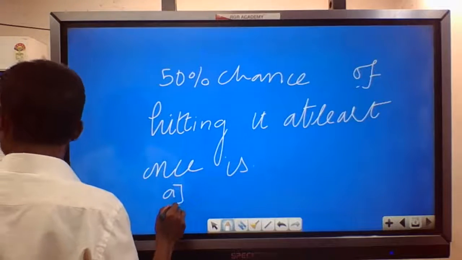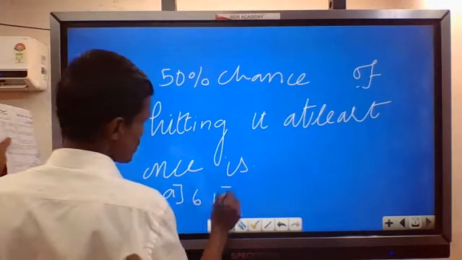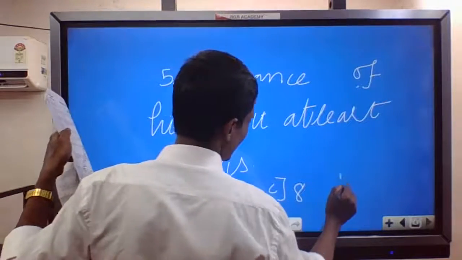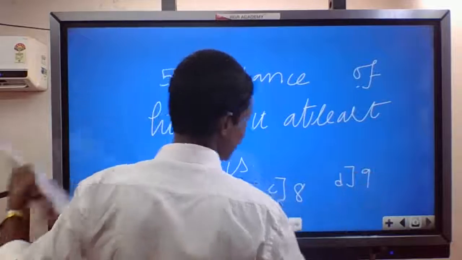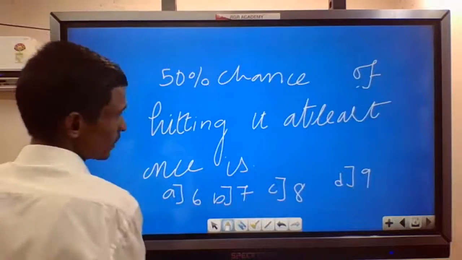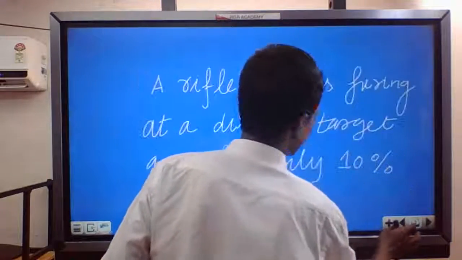Options: A 6, B 7, C 8, D 9. So I read the question.